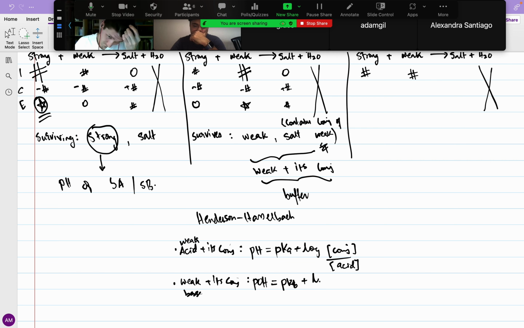You still have your conjugate, but now you have base. That's how I remember the Henderson-Hasselbalch equations. Which means that if you have a weak base and its conjugate, you first calculate your pOH using the equation and then do 14 minus that to get your pH. It's always the same dance with bases.